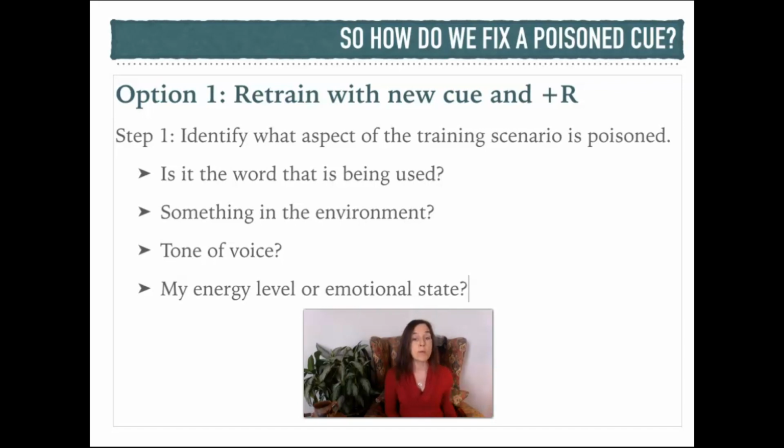Maybe that's what the problem is, and I can just take that out of the picture and that will fix the problem. Is it that I need to not be standing in front of my dog when I'm training this behavior? Is it the training room that I'm in? What is it about the experience of performing that behavior that has been poisoned for your dog? So this is where you have to do some sleuthing to figure that out.